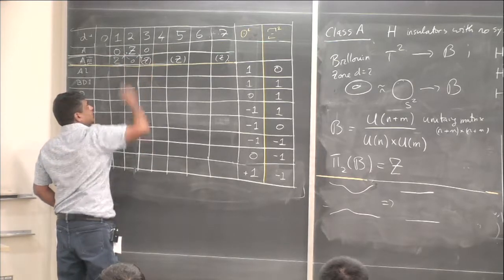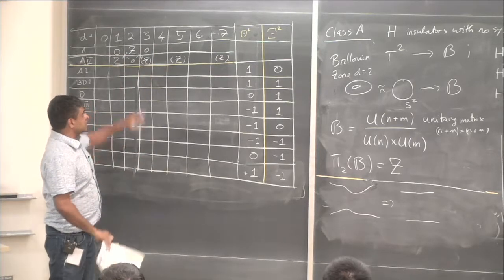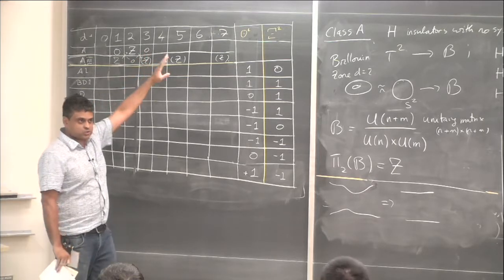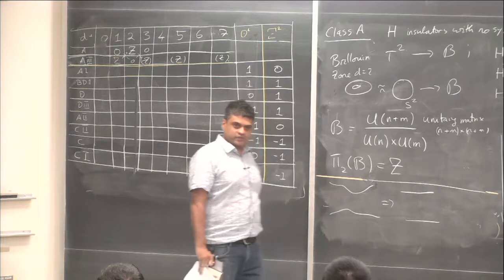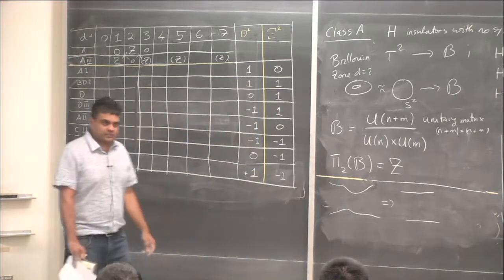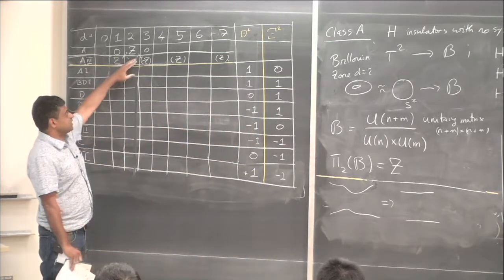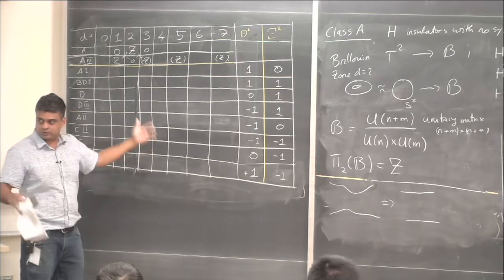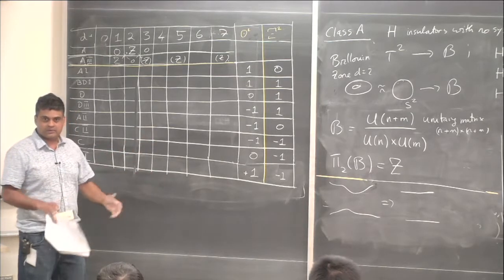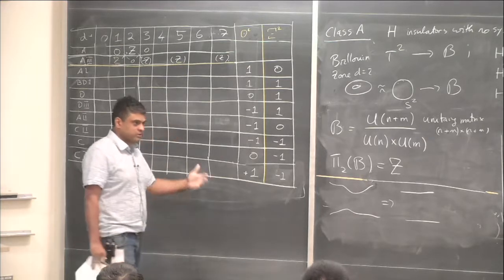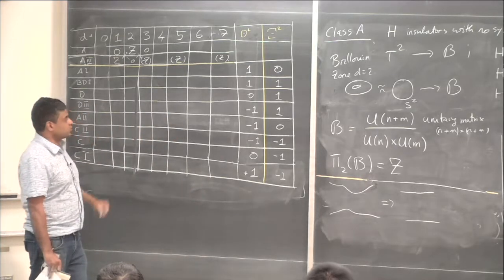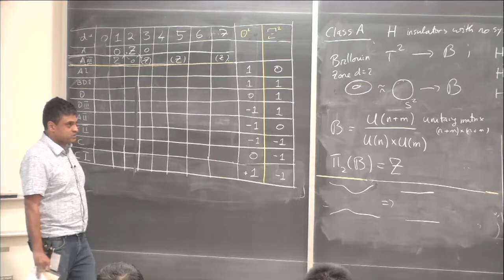The result for general number of bands is 0. If you have just 2 bands, one above and one below, you can actually get a Z classification again. But that's very particular to having 2 bands, and in some sense, it's not additive. If you take 2 of these systems and combine them, the topological indices don't add. So it only really adds when you have large number of bands and you identify those situations which are robust to having many bands.